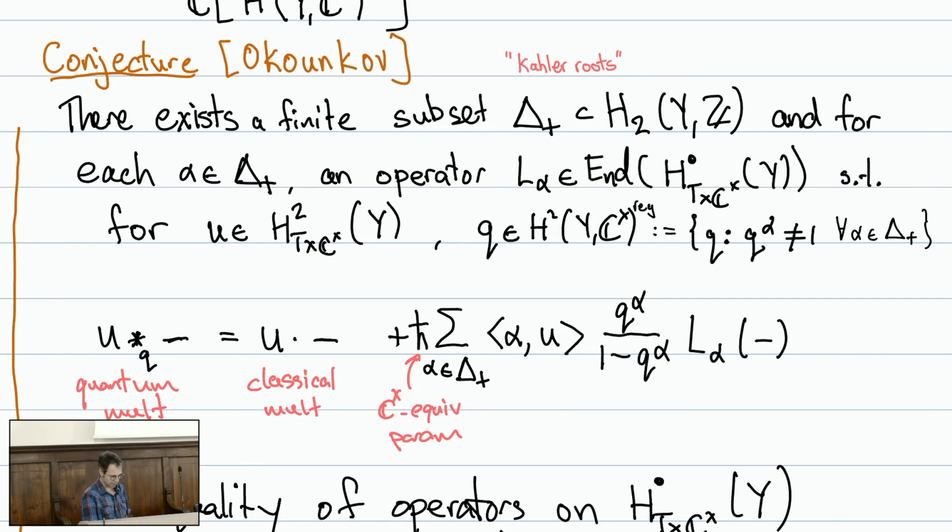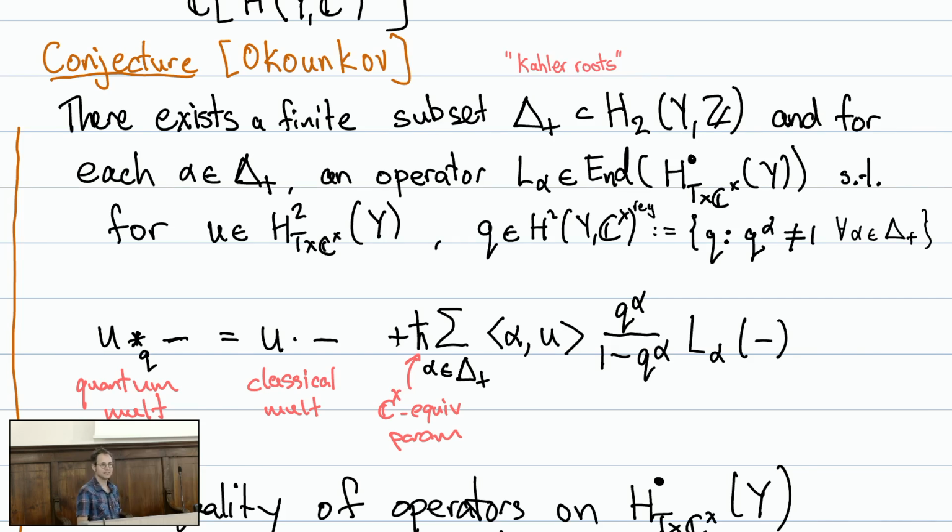And this quantum multiplication will be quantum multiplication by this element of H^2, but will depend on this parameter q, which lives in H^2 with coefficients in C star. And then this denominator here is well defined because I forced it to be well defined by only taking q's in this regular locus.